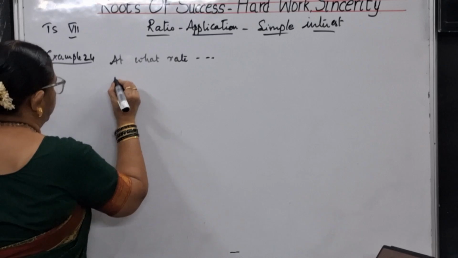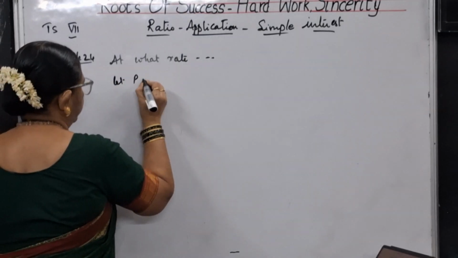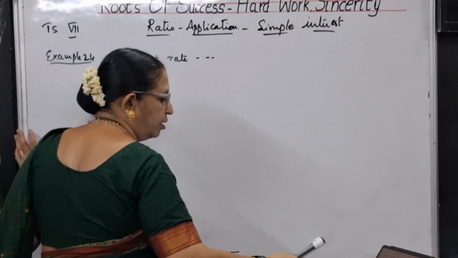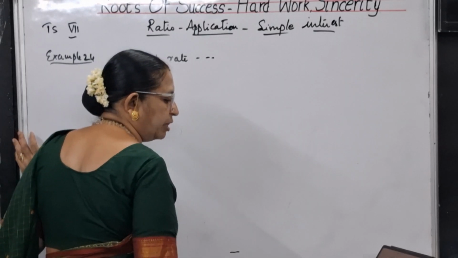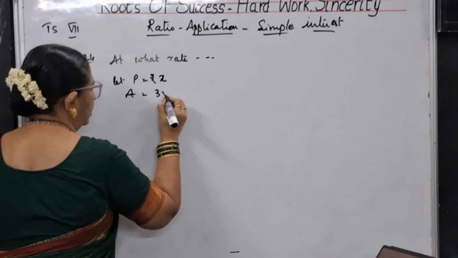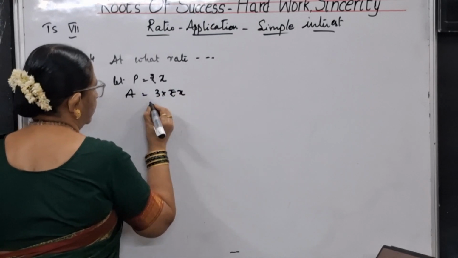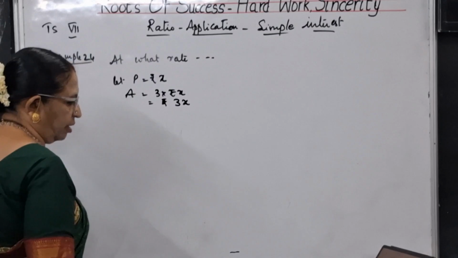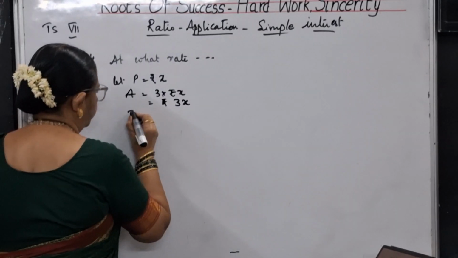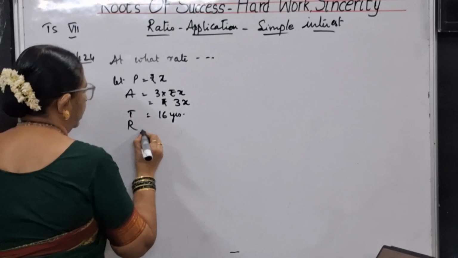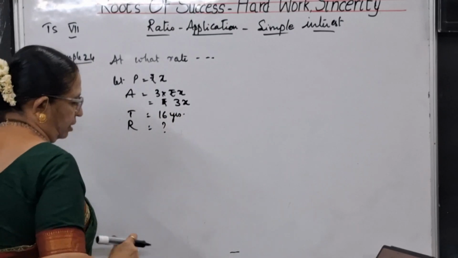So let principal P be X rupees. And what they say, at what rate per annum will the principal triple? Amount is equal to 3 into rupees X. That means rupees 3x is the amount. And time is given as 16 years. And rate is what they are asking.